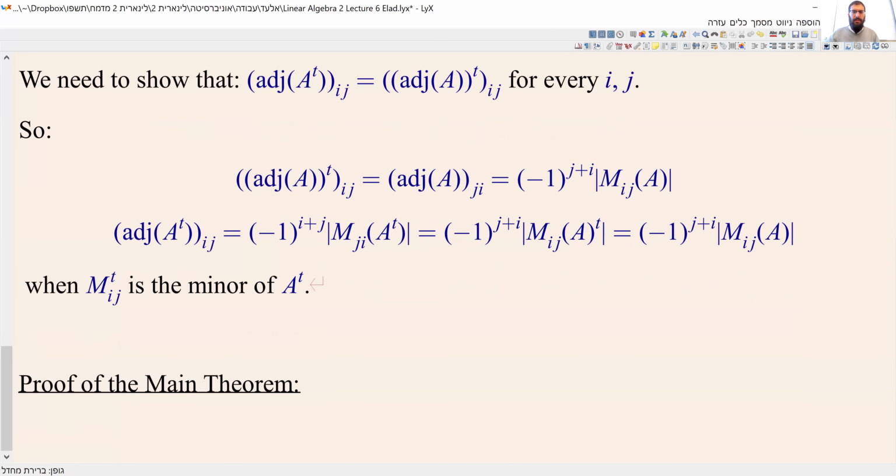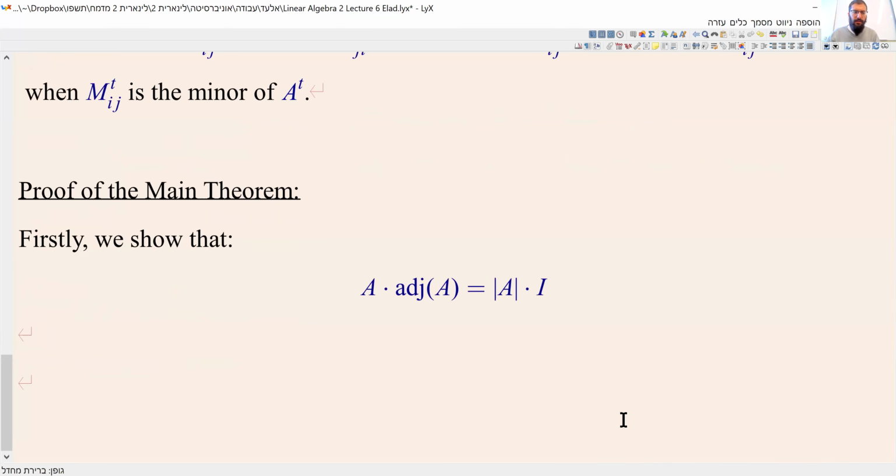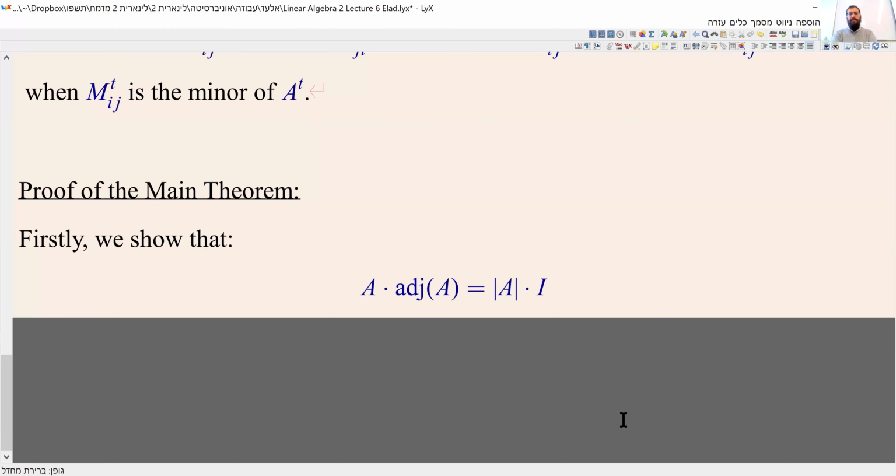We want to show that the determinant of A multiplied by the adjugate matrix is determinant of A multiplied by I. Firstly, we show that A multiplied by the adjugate matrix is the determinant of A multiplied by I. And then we will use our proposition to change the order of A and adjugate A to get the second equation.